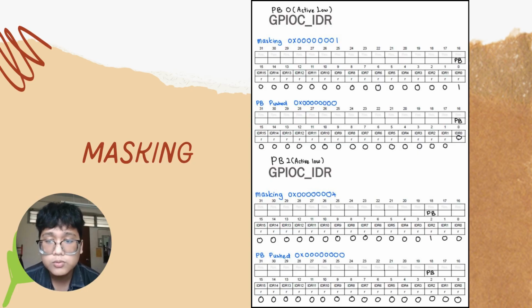Then we go on to when the push button is pushed at port B2. We will declare the number 0 since the push button is active low, so it will be the same as PB0. It will be 0, 0, 0, 0, 0, 0, 0, since for the masking, the other ports will be 0 and the port that we will use will be 0.